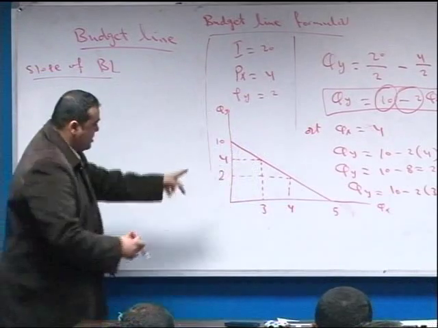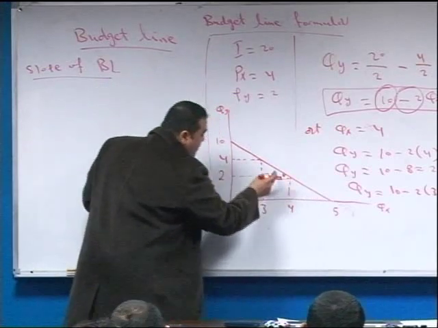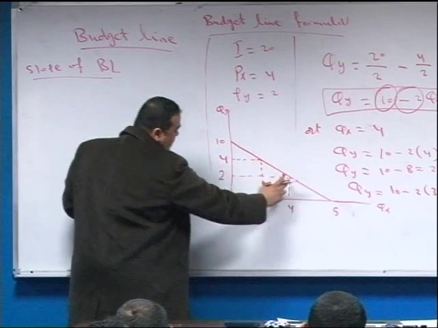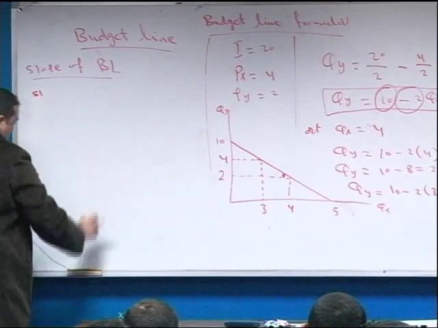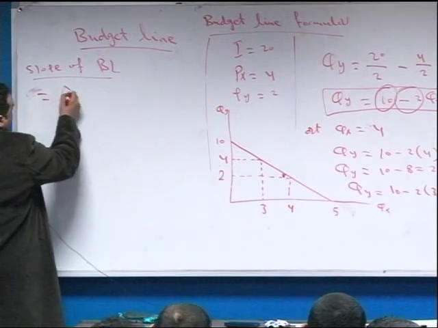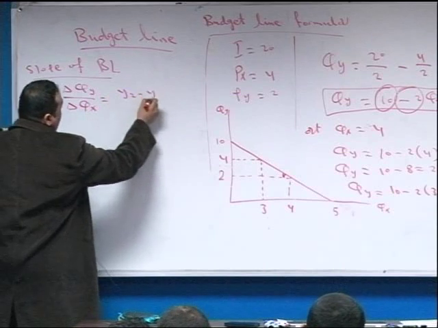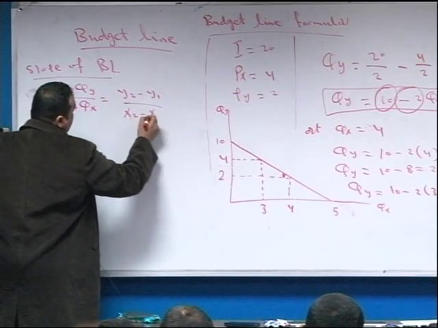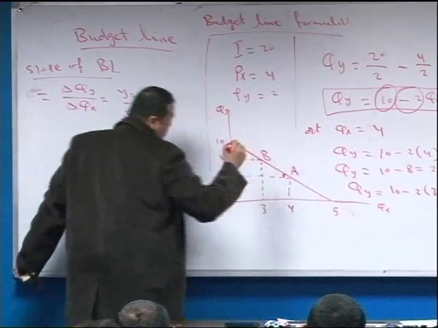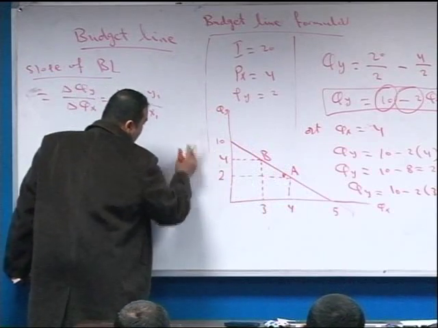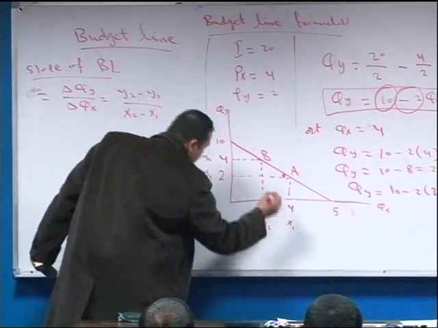Number one, as you see, the budget line is a straight line. The slope is delta QY over delta QX, right? Slope equals delta QY over delta QX, Y2 minus Y1 over X2 minus X1. Suppose these are points A and B. Here we have Y1, Y2, X1, X2, right?